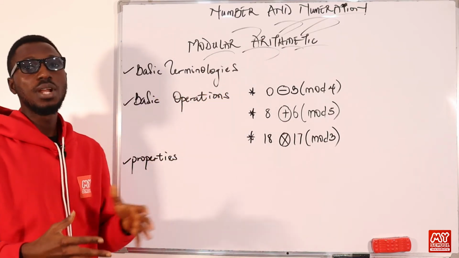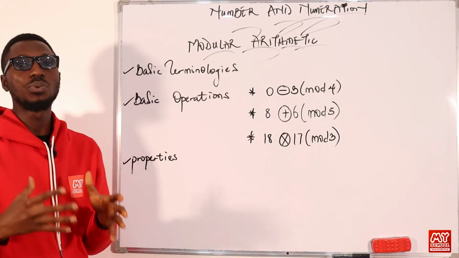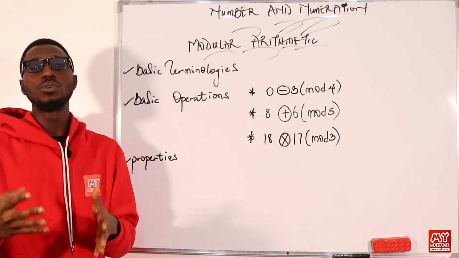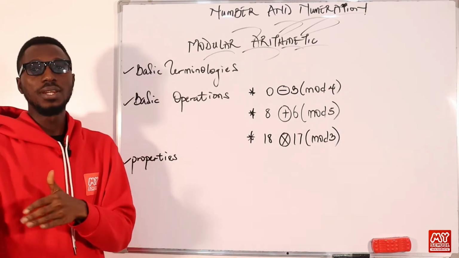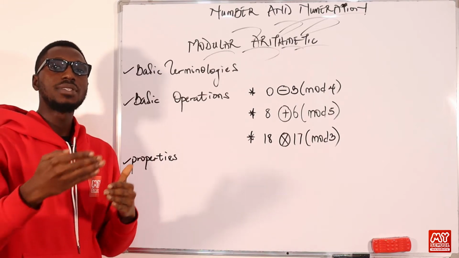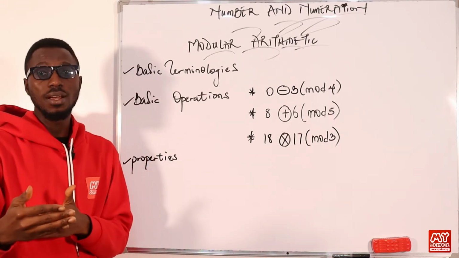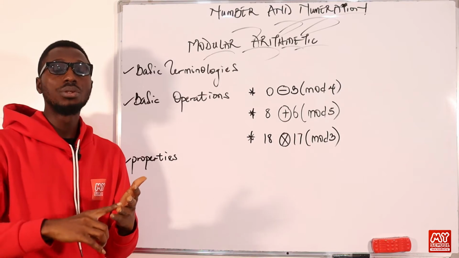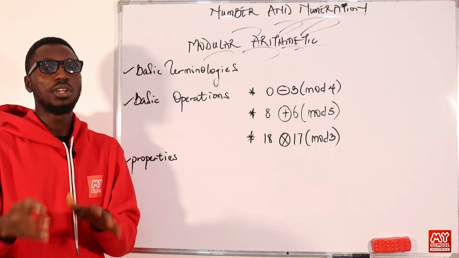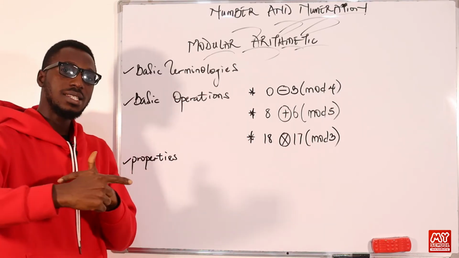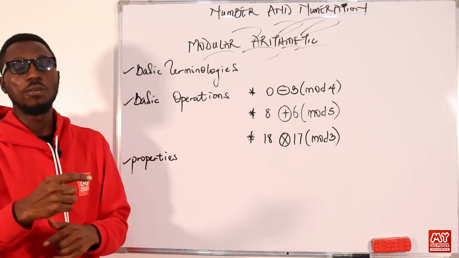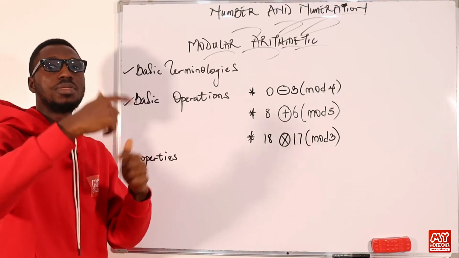So the same thing in modular arithmetic, when you get to that particular modulo, if I'm working in modulo 4, the highest number will be 3. That tells me that I have certain numbers that express themselves, which are 0, 1, 2, and 3. Once it gets to 4, the system wraps, it becomes 0, then you pick it again, 1, 2, 3, 4, 5.